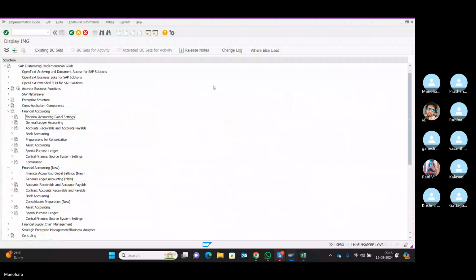And when you create a document, there is the document splitting concept, so we have some methodologies.